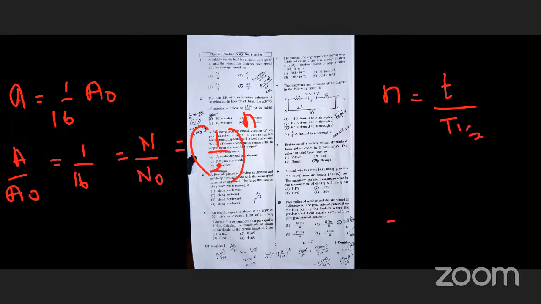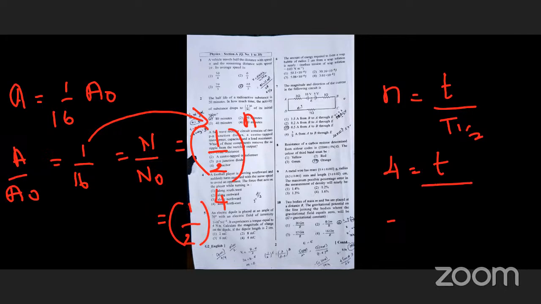If we equate this, 1 by 16 is nothing but 1 by 2 the whole power 4, since 4 times of 1 by 2 gives 1 by 16. So the n value is 4. Applying the n value 4 here, we get t by T half. In the question they already gave the T half value as 20 minutes.